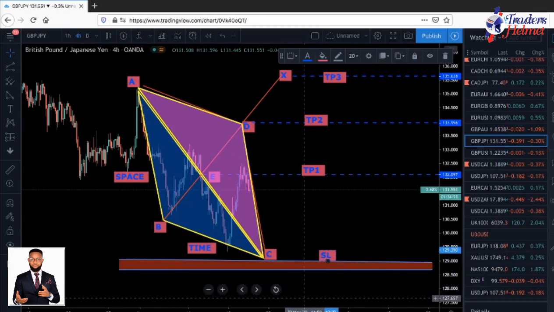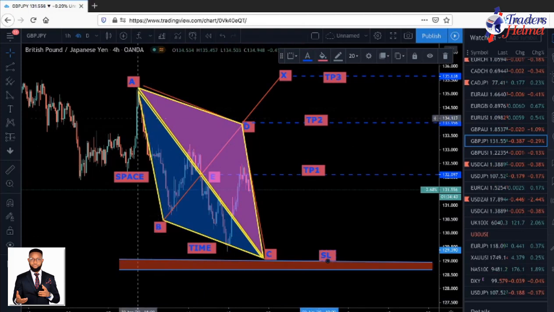Now price must be contained for space and time. Note the impulse, correction, impulse. Price must be contained in this first triangle. Does that make sense? Then take profits are not just take profits, they are also areas where price has reacted in the past.